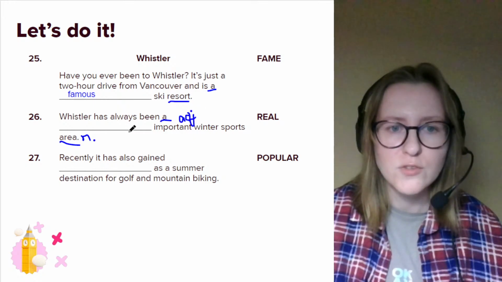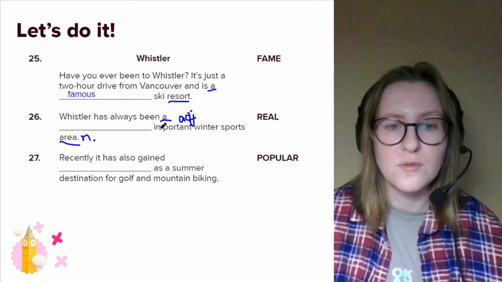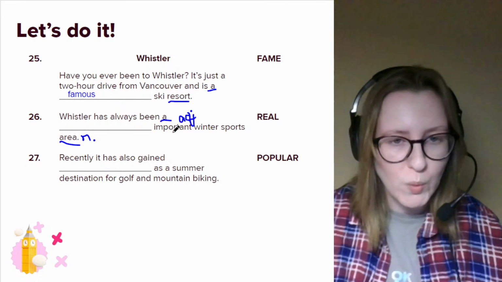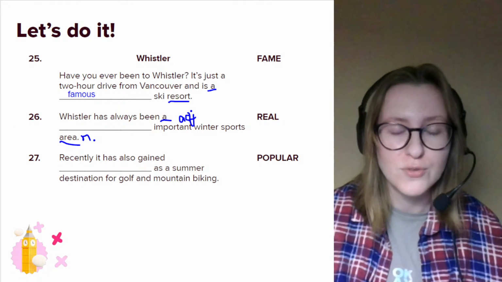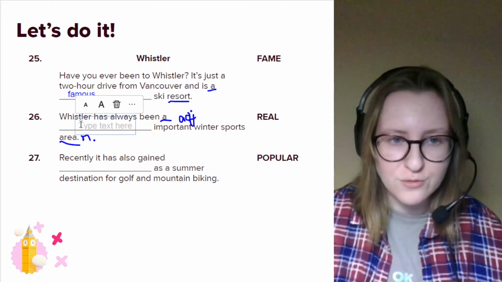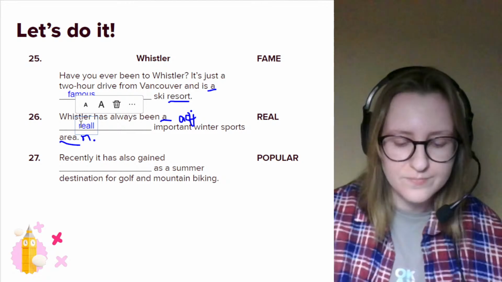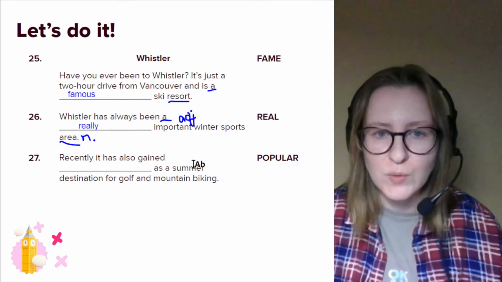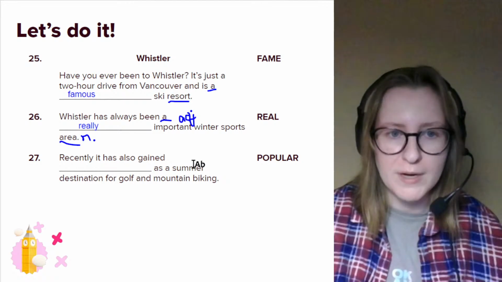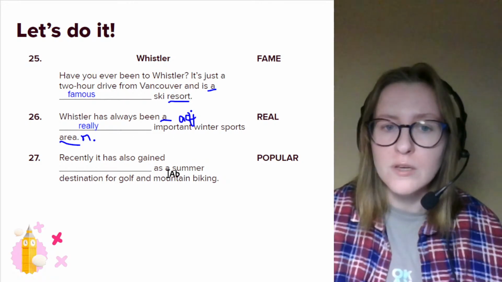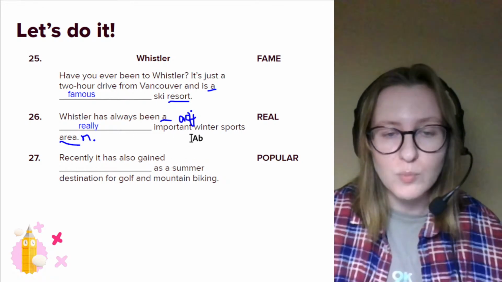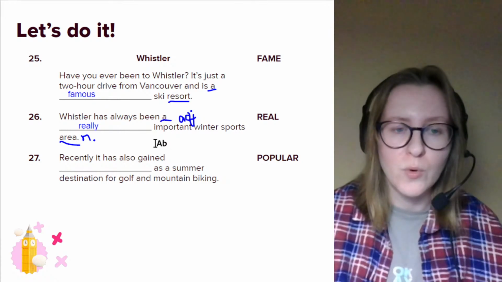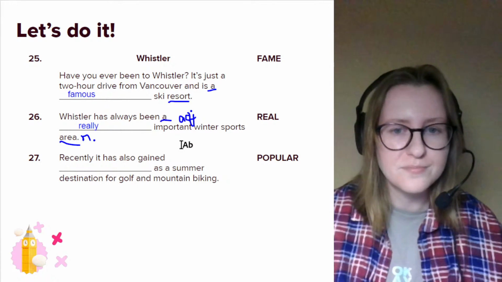Right? So our gap describes an adjective. What can describe an adjective? Only an adverb. So, Whistler has always been a really important winter sports area. Right? A lot of things could go wrong here, but we looked at the sentence part by part, right? Word by word, and we got it.